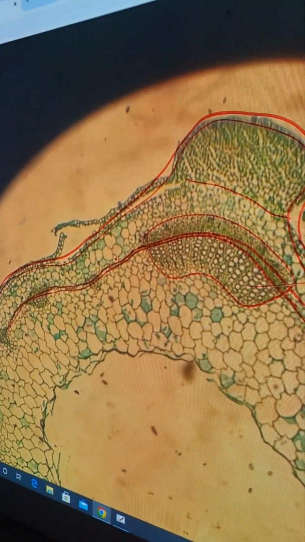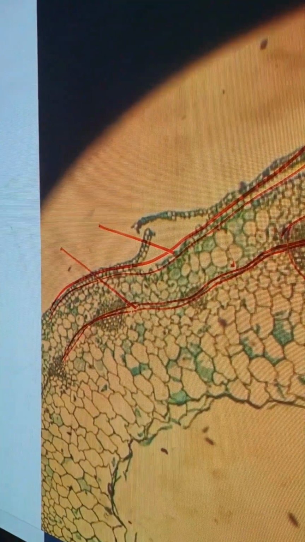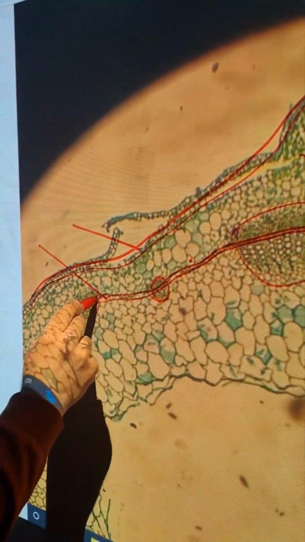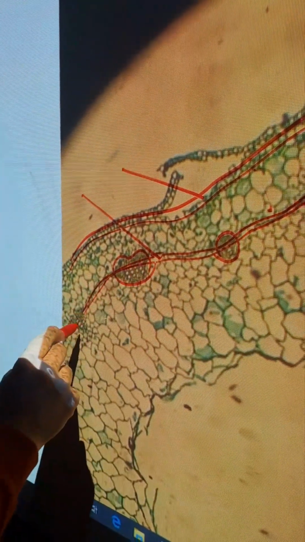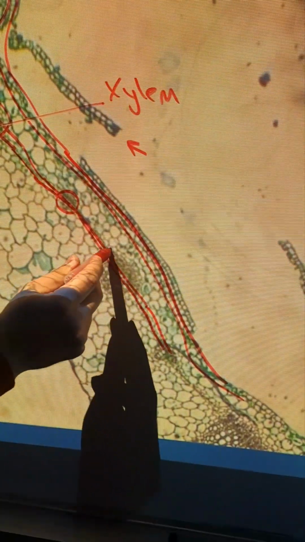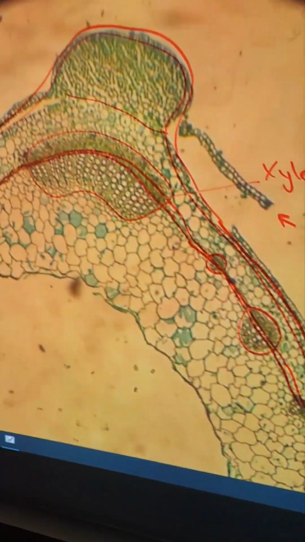Okay, now if this is the epidermis and this is the endodermis, there are some vascular bundles located here and there, so it's better to draw them. Here are two on the left, two on the right. Those are the vascular bundles located right here.